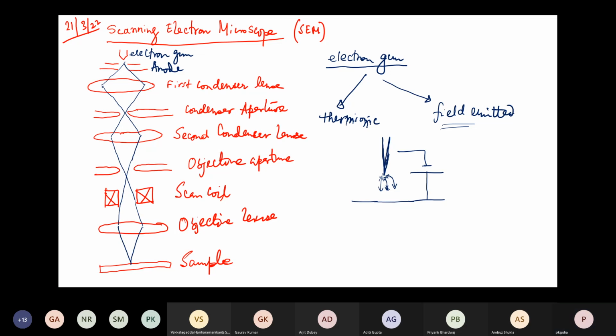These lenses are electromagnetic lenses. Let me see if I can draw it. I have an image of that. Just let me see my notes if there is any. No, I'm not finding any image associated with it.